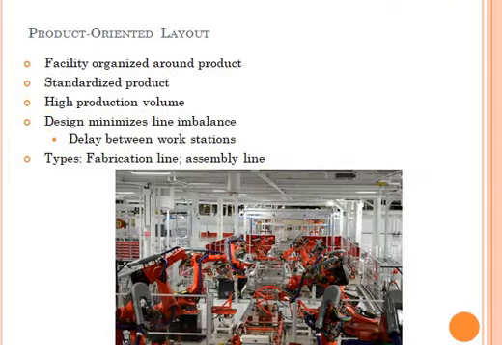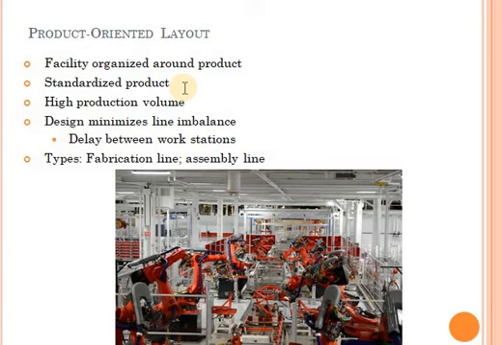With respect to the product-oriented layout, the facility is organized around the product. We are manufacturing standardized products. You see, we have one type of product. It has almost the same features. Let's say I'm manufacturing some cars.